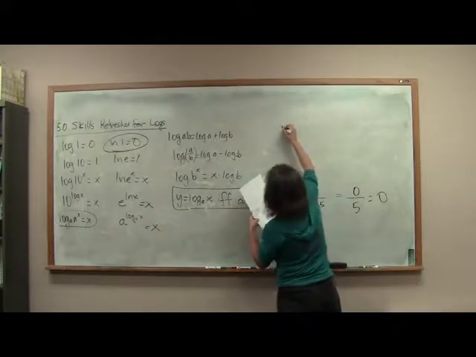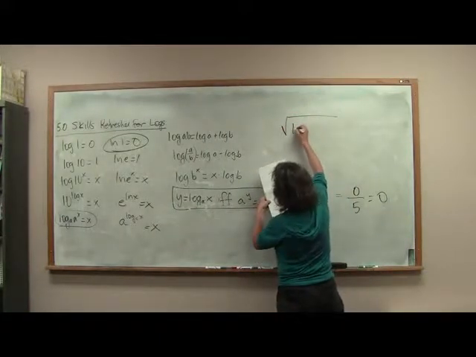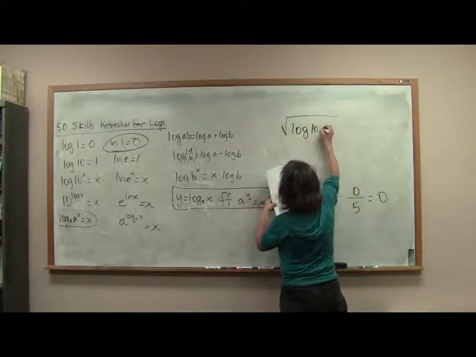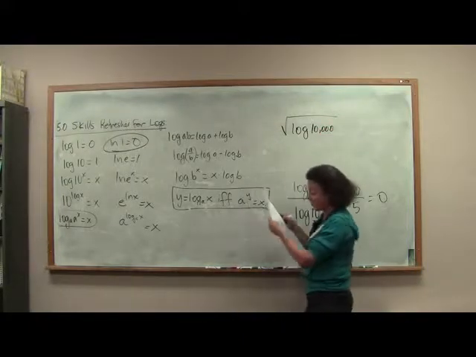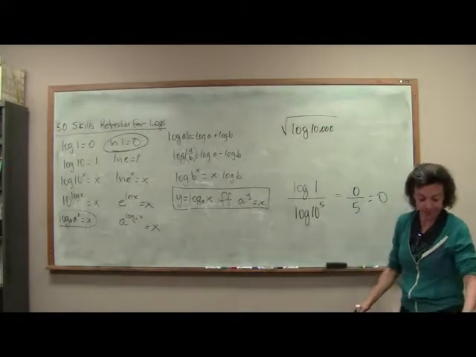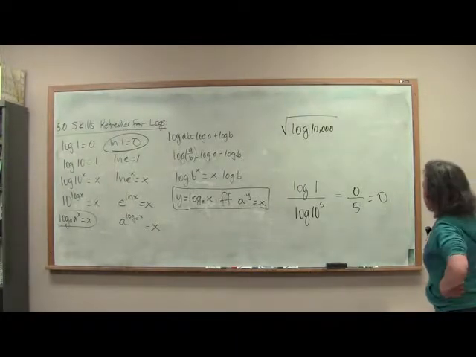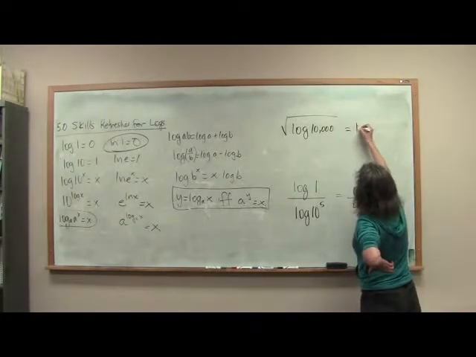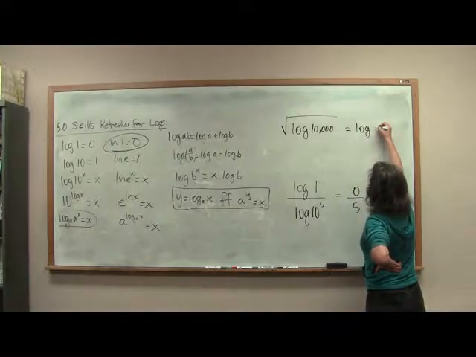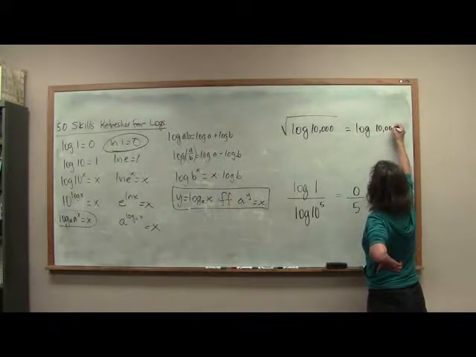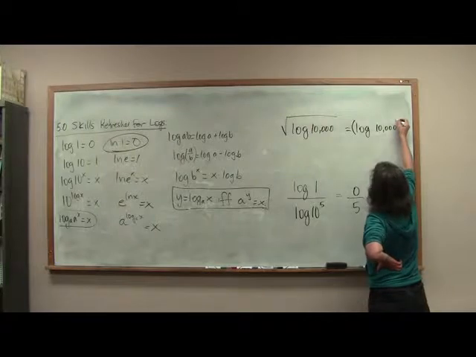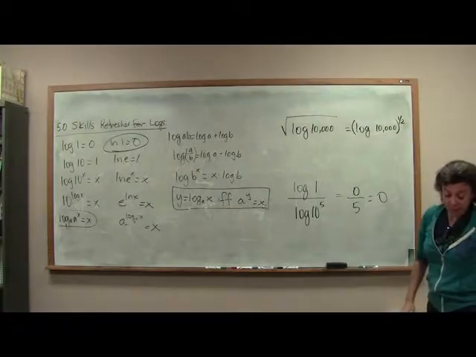What if, oh, this is a cute one. What if I have the square root of the log of 10,000? Okay, first off, I can rewrite that as the log of 10,000 raised to the 1/2 power.